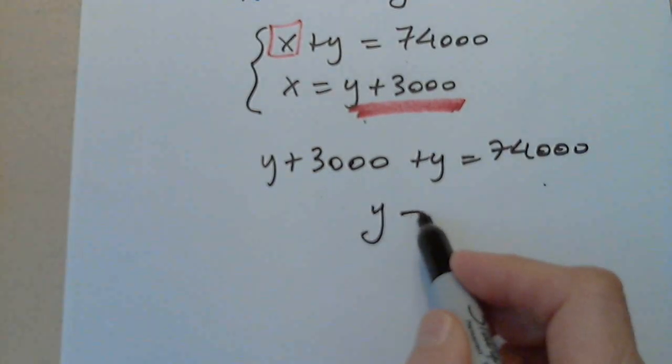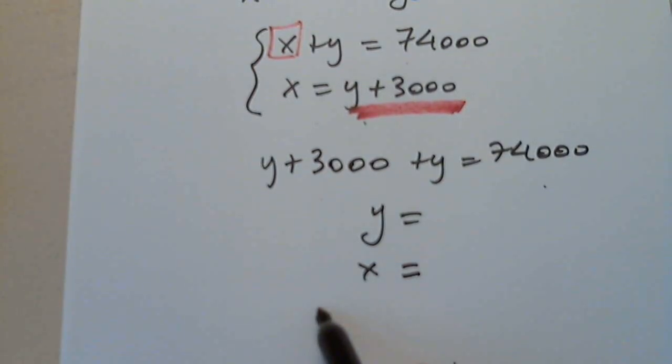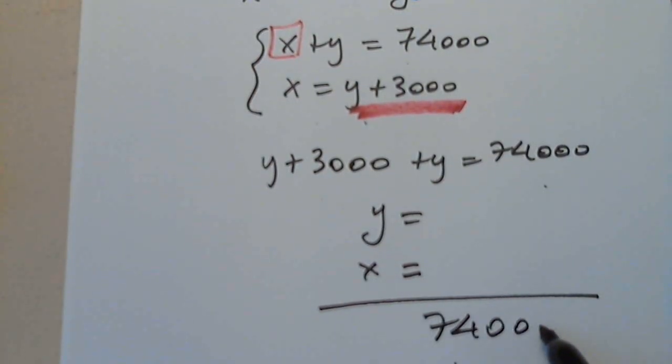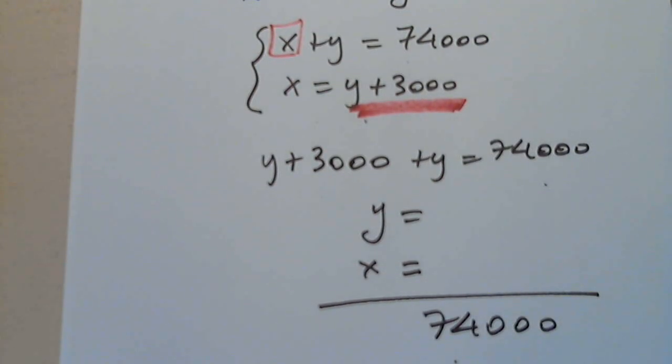Please solve for Y. Please solve for X, and make sure that they add up to 74,000. Otherwise, something is terribly wrong.